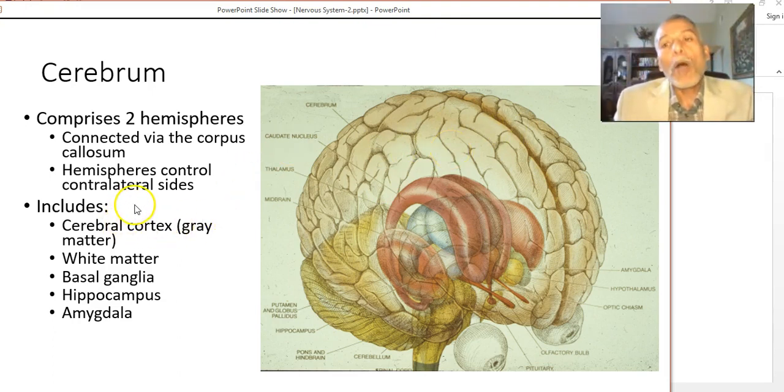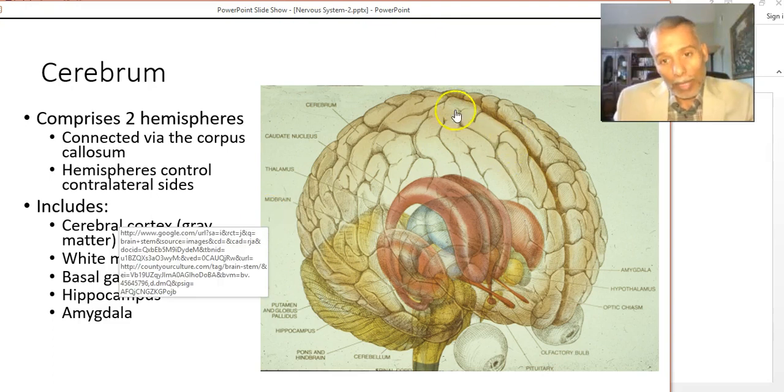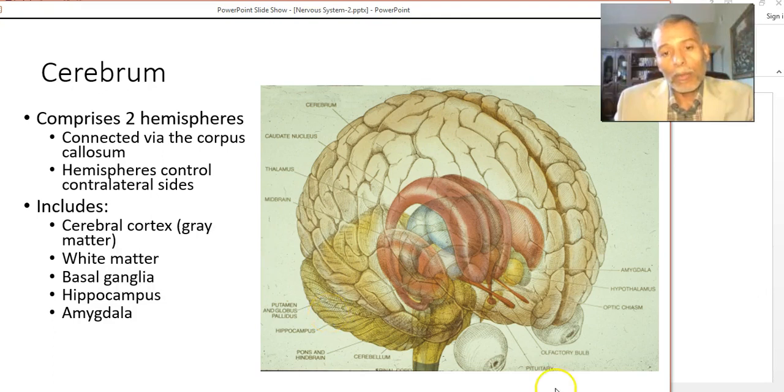So the parts of the cerebrum, again, the cerebrum is all of this. You exclude out of the whole brain the cerebellum, the brain stem and the diencephalon. Everything else is the cerebrum.